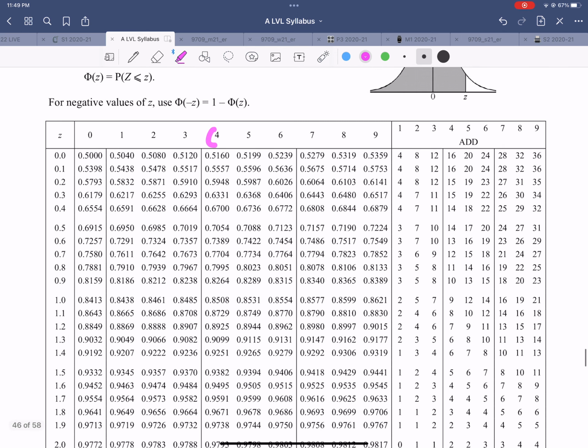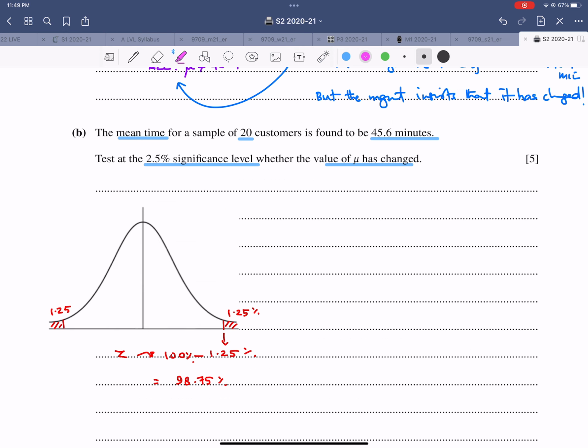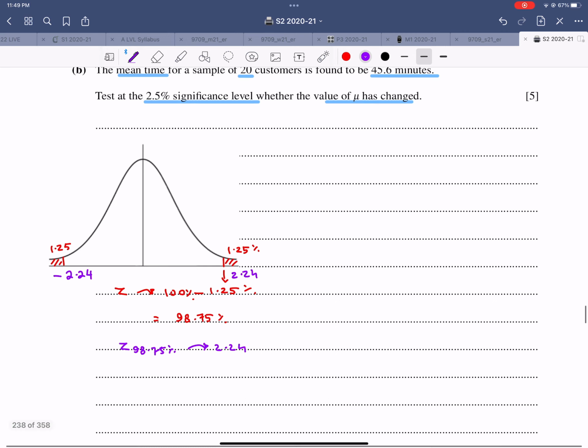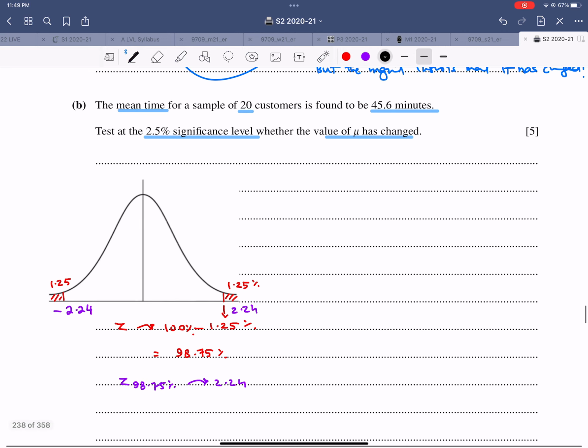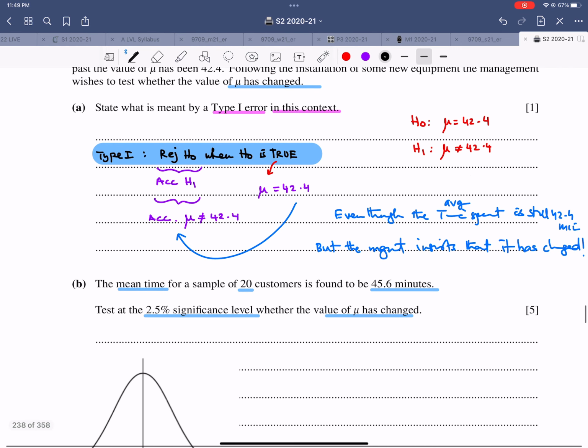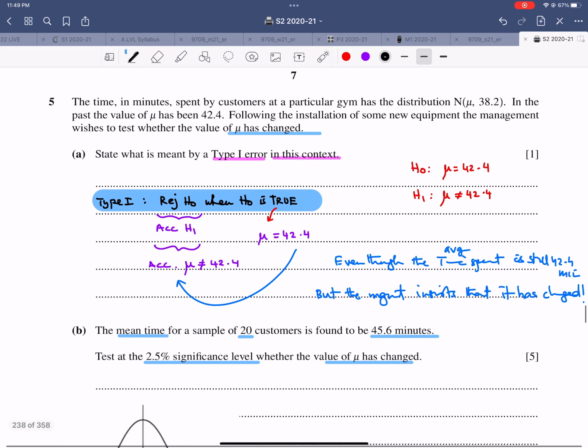So coming back to this, the z value from the table for 98.75% is 2.24. So this is 2.24. This is negative 2.24. Now let's go with the calculation. Now the calculation is, first of all, X bar follows a normal distribution.